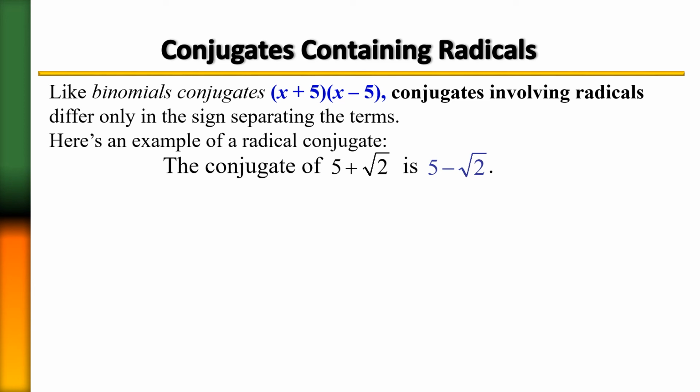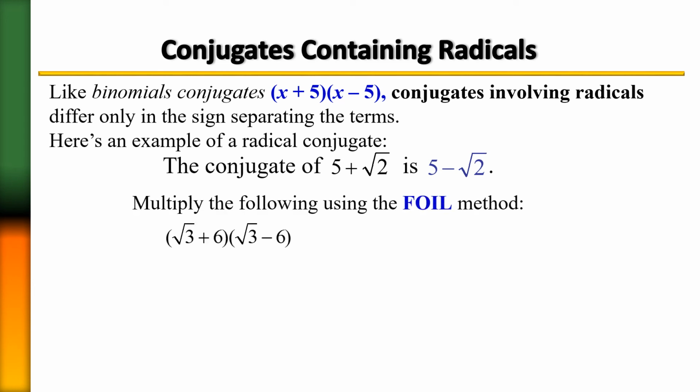When you are multiplying conjugates, remember whether they're whole numbers, integers, radicals, whatever type of terms they are, you only need to do the F and the L of the FOIL method. Now, sure, you can do all of the letters, but the bottom line is the O and the I will always cancel out when you have conjugates. And that's why it's only necessary to do the F and the L.